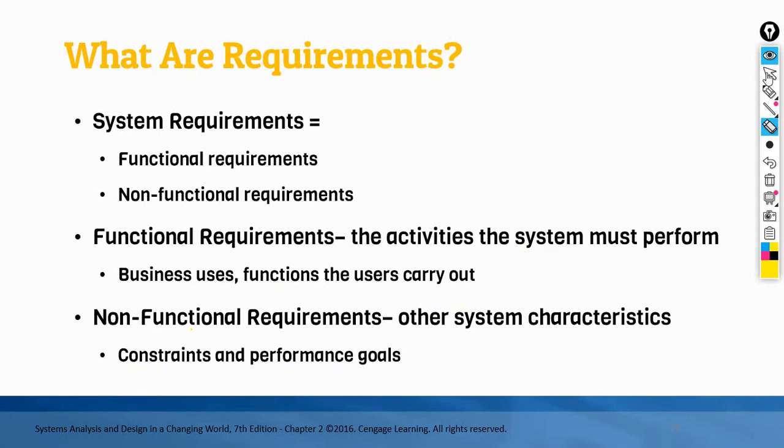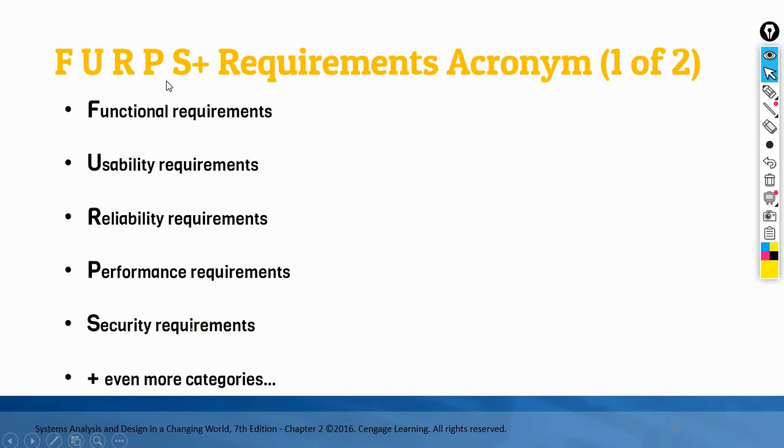In this section, we will use the FERPS Plus requirement model to categorize system requirements. The meanings of the elements of FERPS Plus are: F stands for functional requirements, U stands for usability requirements, R stands for reliability, P for performance, and S for security requirements.